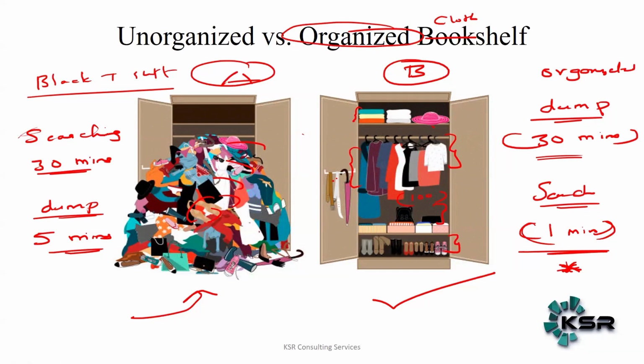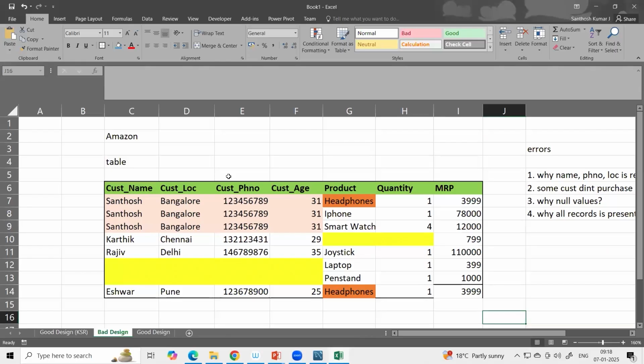If you are very lucky, you can get it in 1 minute. If you are unlucky, you have to go through everything, and the last cloth is what you will get. That is if the things are not well organized. But if the things are well organized, you can get it in 1 minute. So here also, this is not at all a good design, because everything is dumped. If I want to go and search this, it becomes very hard.